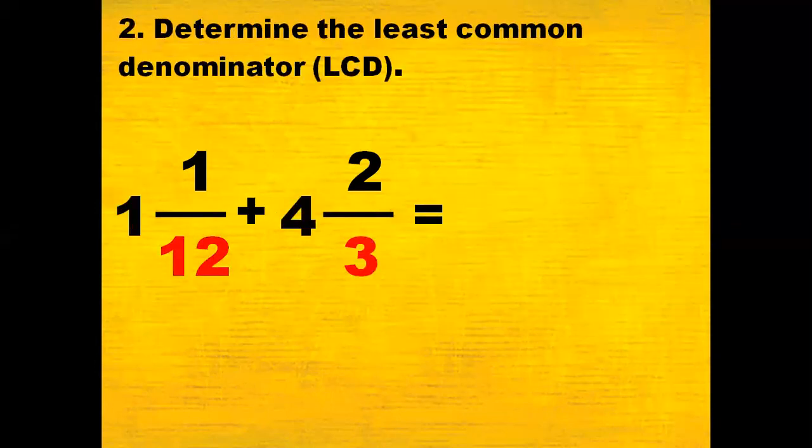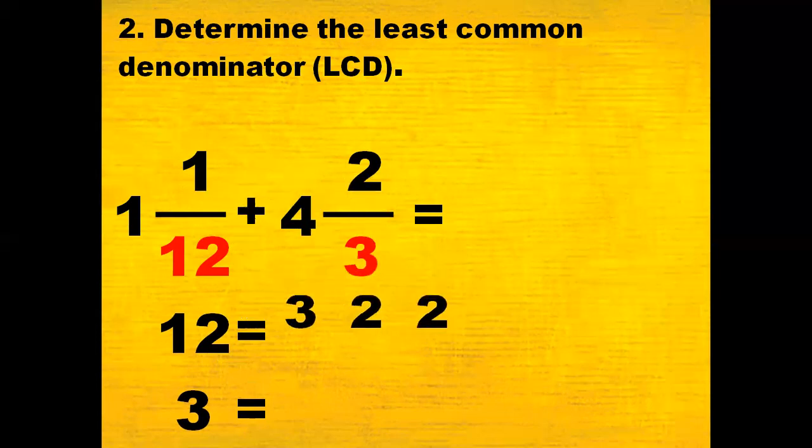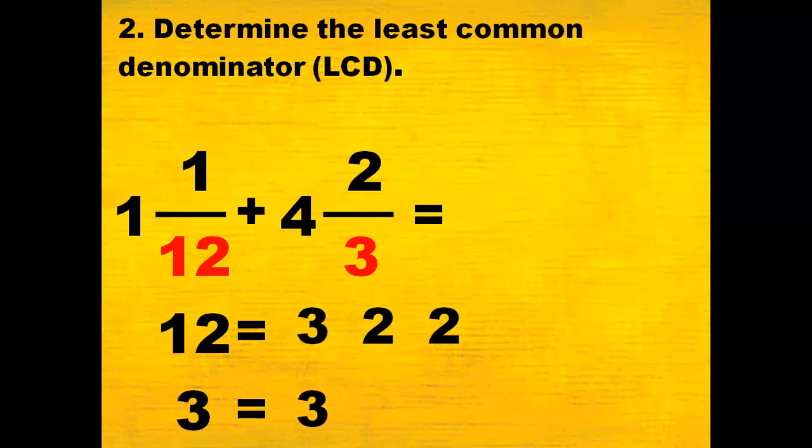Number 2, determine the least common denominator or the LCD of 1 and 1/12 plus 4 and 2/3. Their denominators are 12 and 3. So what are the prime factors of 12? So we have 3 times 2 times 2. How about 3? The prime factor for 3 is 3.